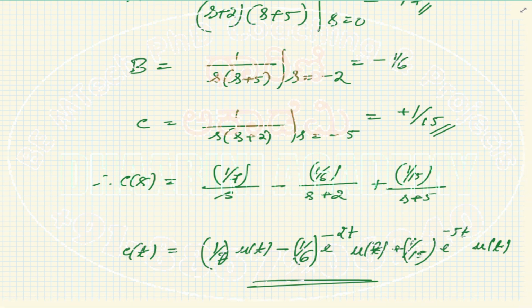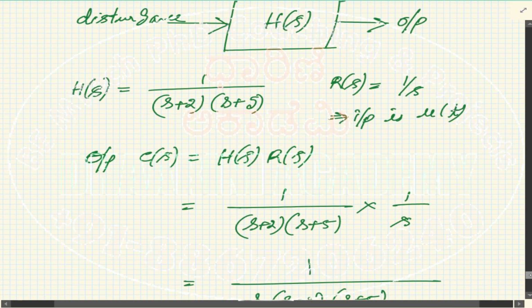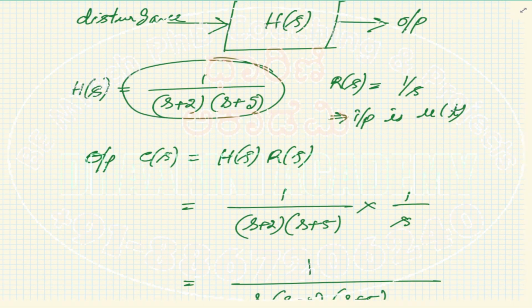Okay, let's try to define some terms now. Let's go back to the given transfer function, right? I can see that it is of order 2. Its denominator has the highest power 2, s square. So it's a second order system, right? And because of that, we have two roots of this denominator.